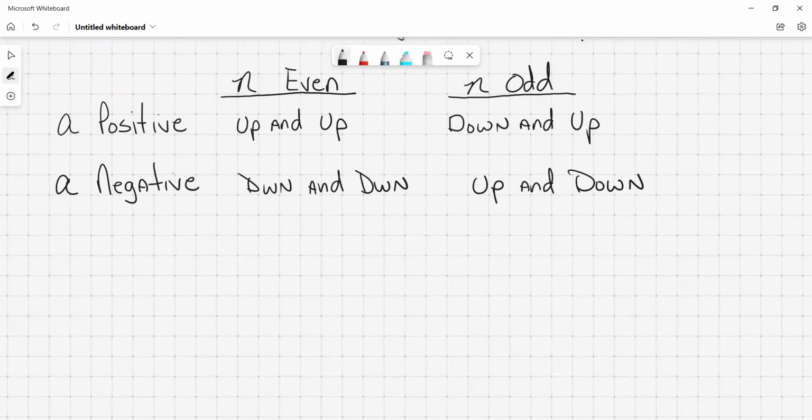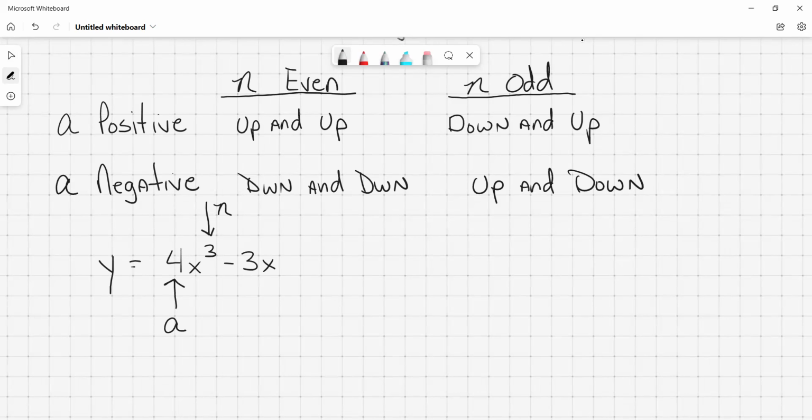and we've got y equals 4x to the third minus 3x. Here's your a. Here's your n. So in this case, your a is positive, right?